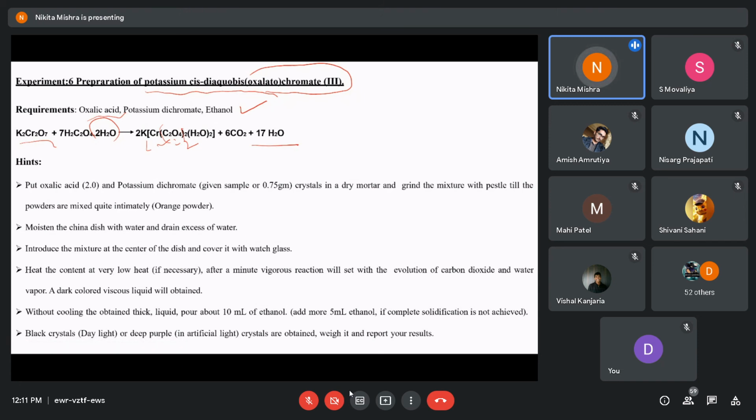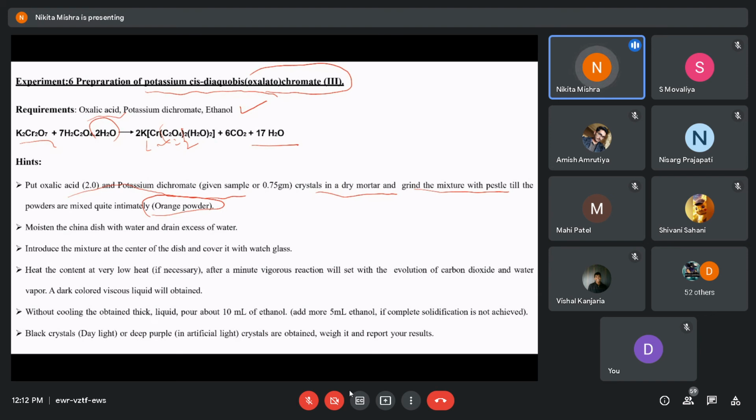Now in the preparation, we need to take oxalic acid and potassium dichromate crystals in a dry mortar. Mortar and pestle are always there in the lab. Then we need to grind the mixture with the pestle till a powder is obtained. The powder will be orange because potassium dichromate has color.